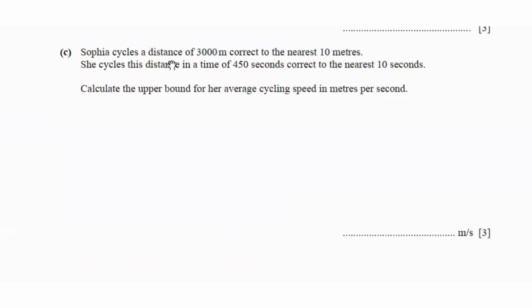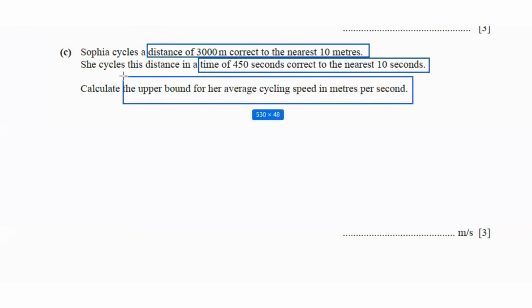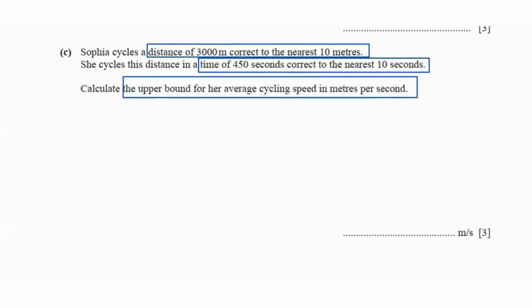Part C says Sophia cycles a distance of 3,000 meters correct to the nearest 10 meters. She cycles this distance in a time of 450 seconds. So the distance is 3,000 meters correct to 10 meters. Time is 450 seconds correct to the nearest 10 seconds. Calculate the upper bound for her average cycling speed in meters per second.